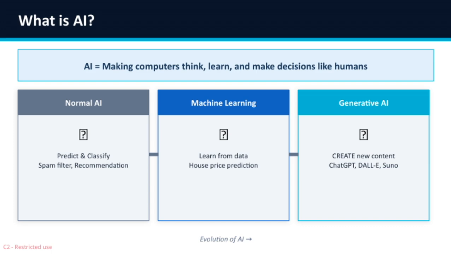It's learning from vast amounts of data to produce original, creative outputs. For example, it can even help predict house prices based on various factors. All these layers show how AI has evolved from basic decision-making to advanced, creative, and predictive capabilities. This progression is key to understanding how AI is shaping our world today and into the future.